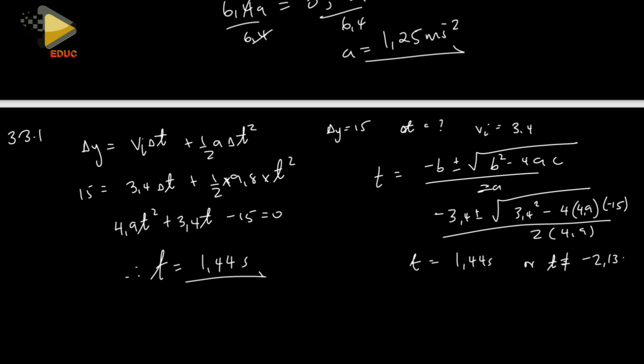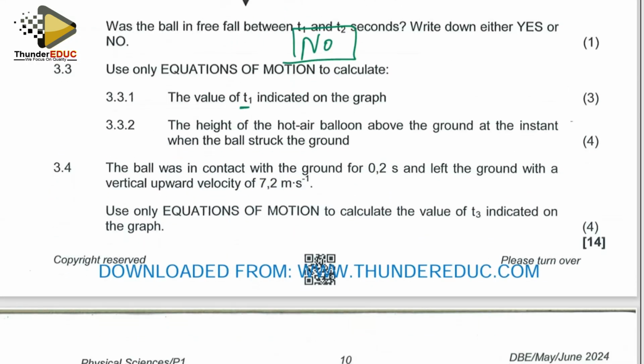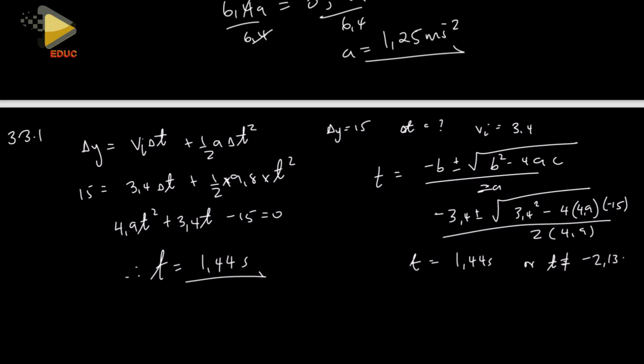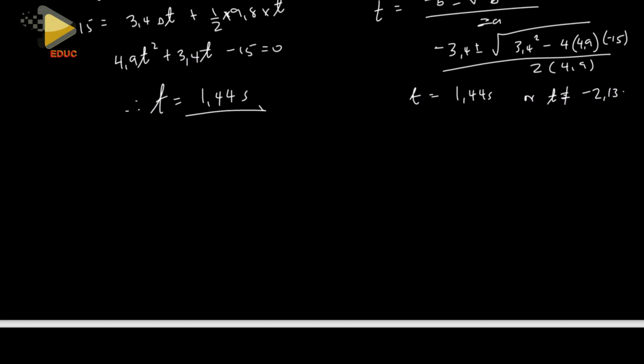Okay, so that is 3.3.1. Then 3.3.2, they want us to get the height of the hot air balloon above the ground at the instant when the ball struck the ground. So, we know that we shall be using the time that we obtained.